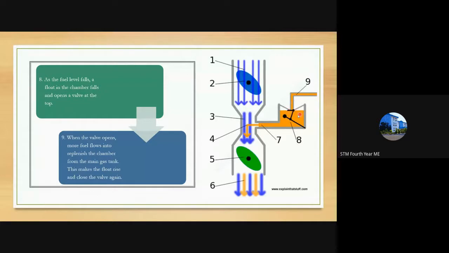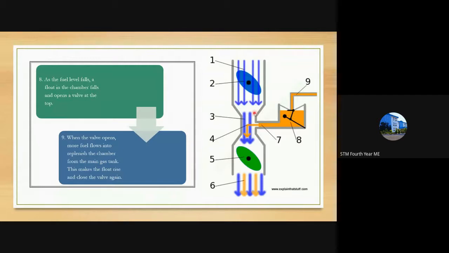So once the needle valve opens this passage, fuel flows into the float chamber, and the float thereby rises and then again closes this path. That is what is done in the ninth region.